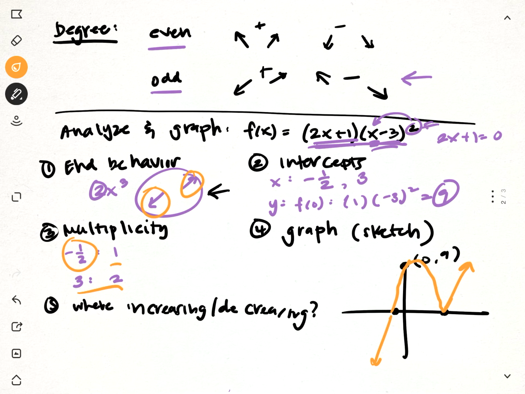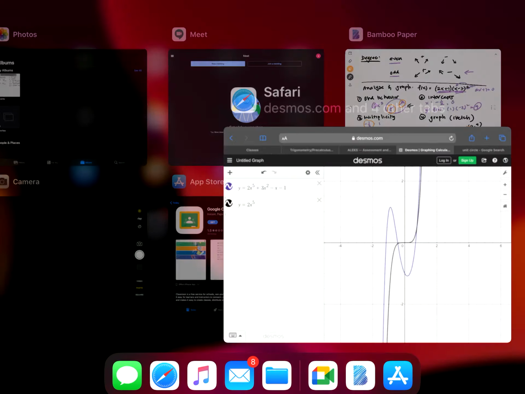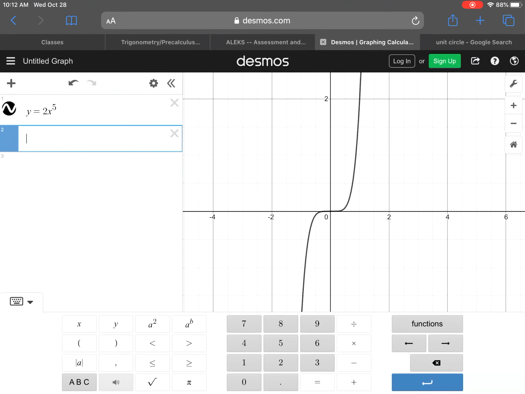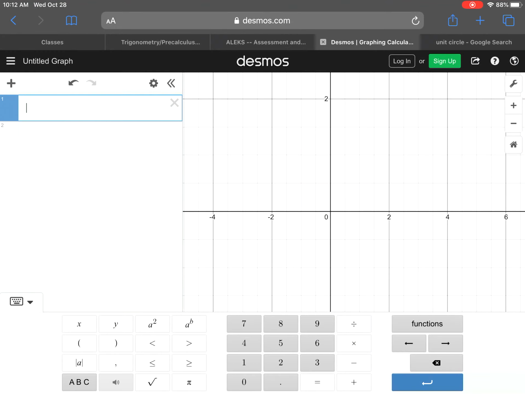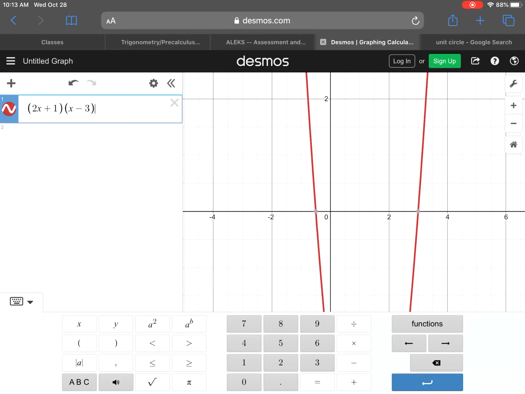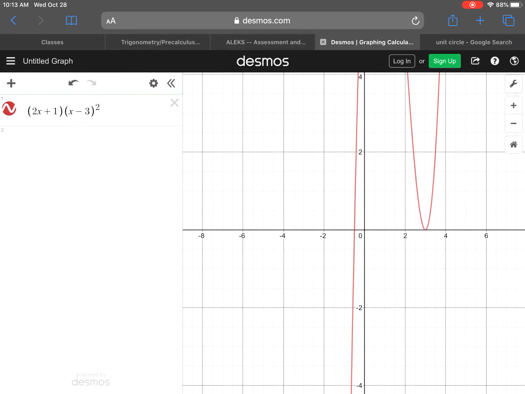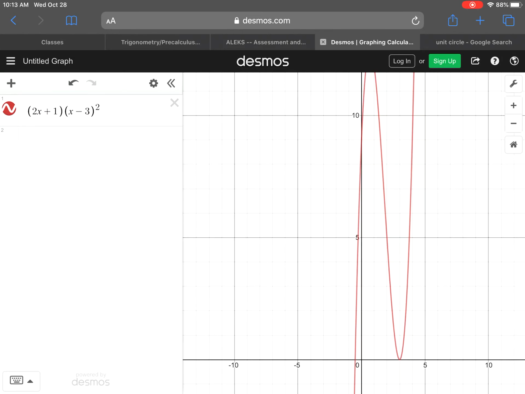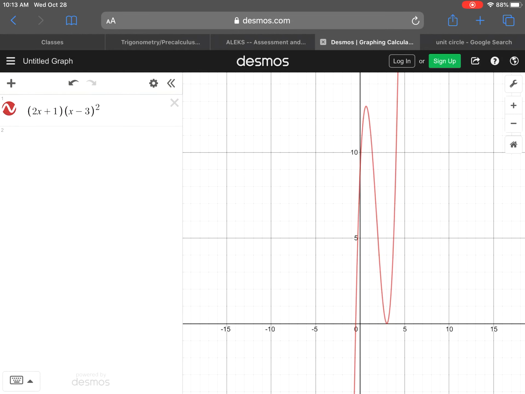All right, so let's kind of graph it and see what's up. So we have 2x plus 1 times x minus 3 squared. So let's kind of look at it here. Where's our y-intercept? There we go, 0, 9, just like we said.